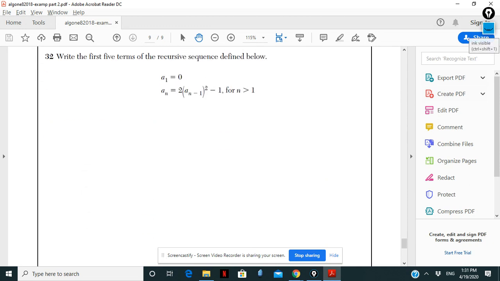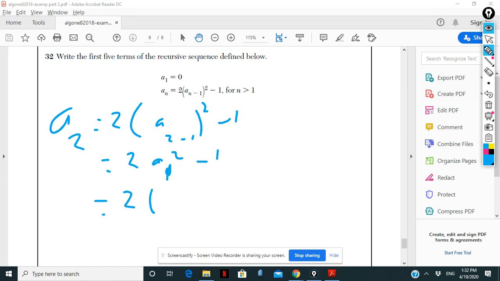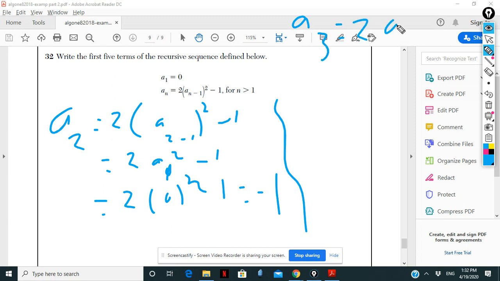Last question, find the first 5 terms. So for a2 equal to 2, a(n-1) squared minus 1. So it's 2 a1 squared minus 1. So it's 2 times 0 squared minus 1, giving me negative 1. Now I'm doing it for a3. So a3 is 2 a2 squared minus 1.